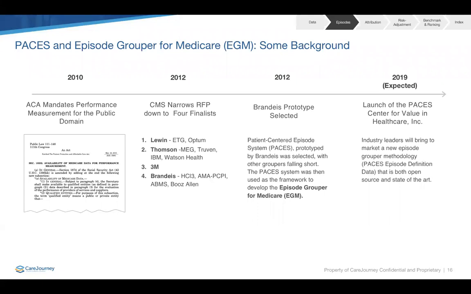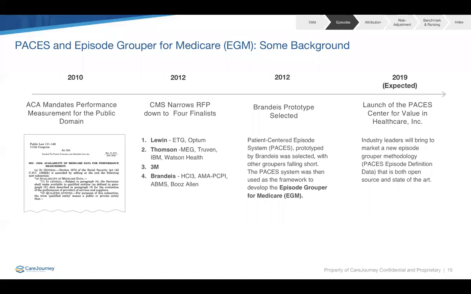In the ACA, the provision of the law focused on releasing Medicare data specifically called for Medicare data to be made available for performance measurement and explicitly directed CMS to procure an episode grouper model that would allow for the construction of more granular and transparent means of measuring total cost of care and hopefully outcomes around the Medicare beneficiary.